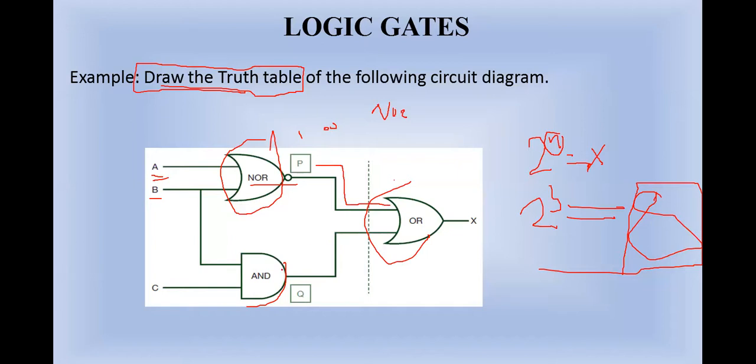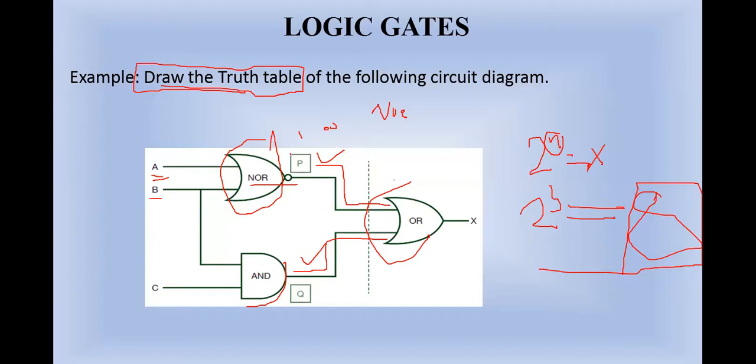The output also we are going to get there is going to be the input of the next gate. This is the reason why we need to use common sense, that the value we are going to get here is also going to be the input for the next stage. So that is the reason why here I had put a P, there I had put a Q. You won't be told to do that. I just use common sense.